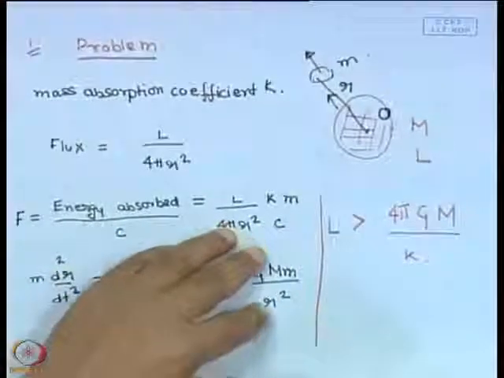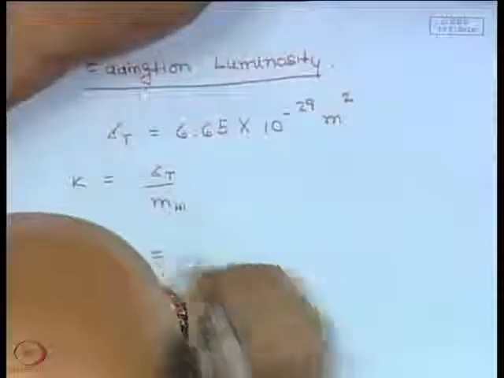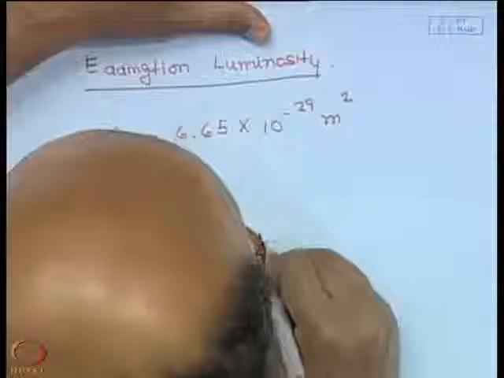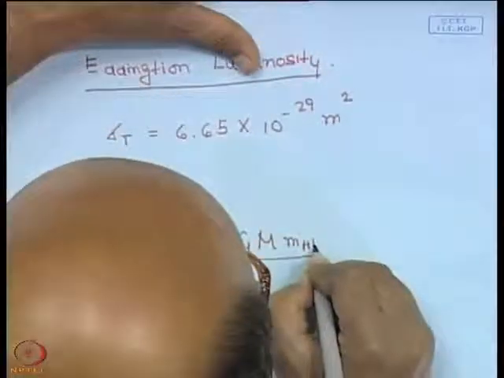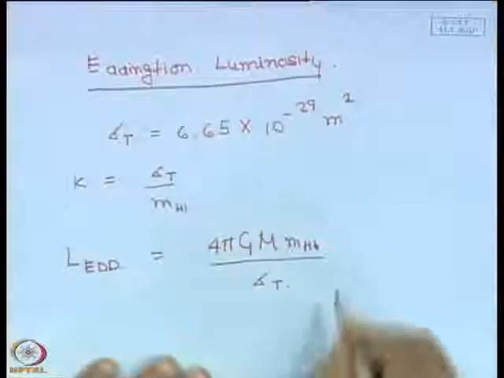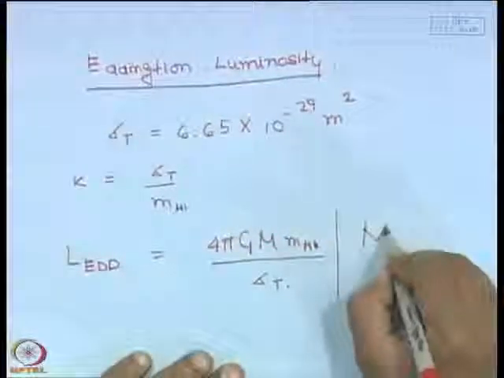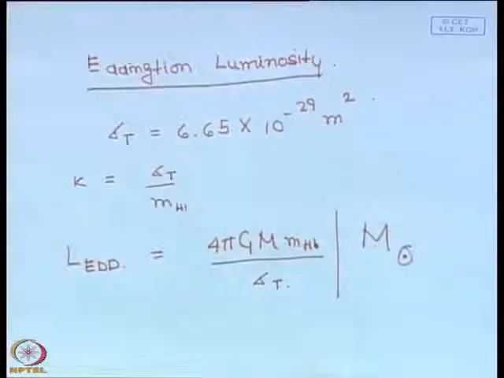What you have is Eddington luminosity is 4 pi G m m_H, the mass of one hydrogen atom, divided by the Thomson scattering cross section. I request you to calculate the Eddington luminosity for a solar mass object, the mass of the sun. We have discussed what the mass of the sun is.